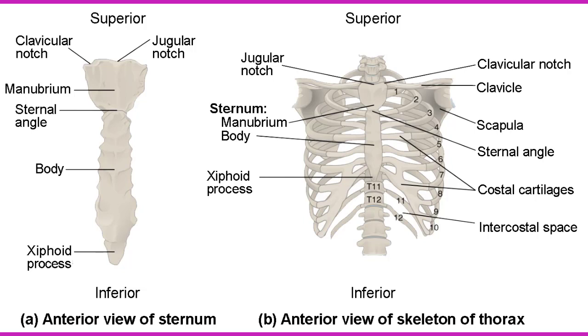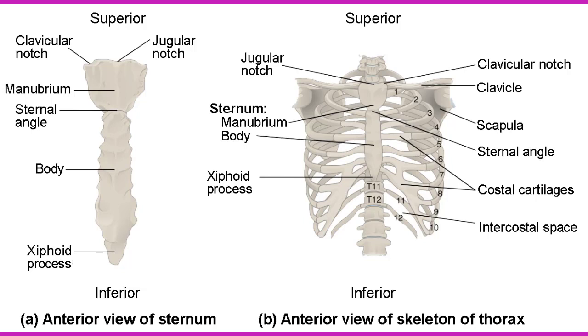For ribs 8 to 10, the costal cartilages are attached to the cartilage of the next higher rib. Thus, the cartilage of rib 10 attaches to the cartilage of rib 9, and rib 9 then attaches to rib 8, and rib 8 is attached to rib 7.